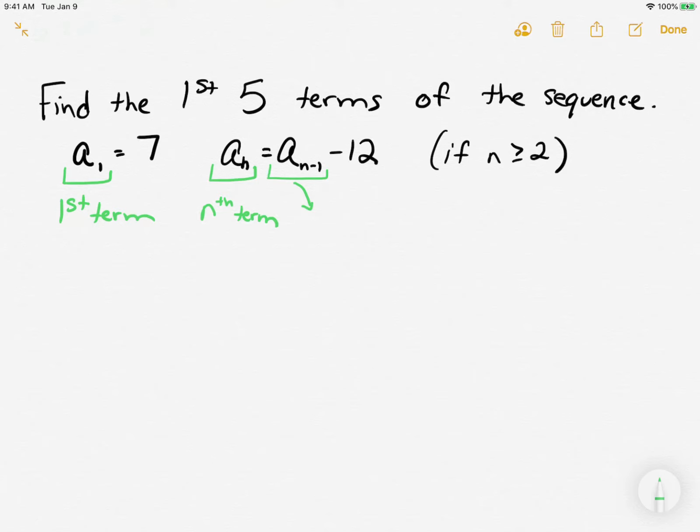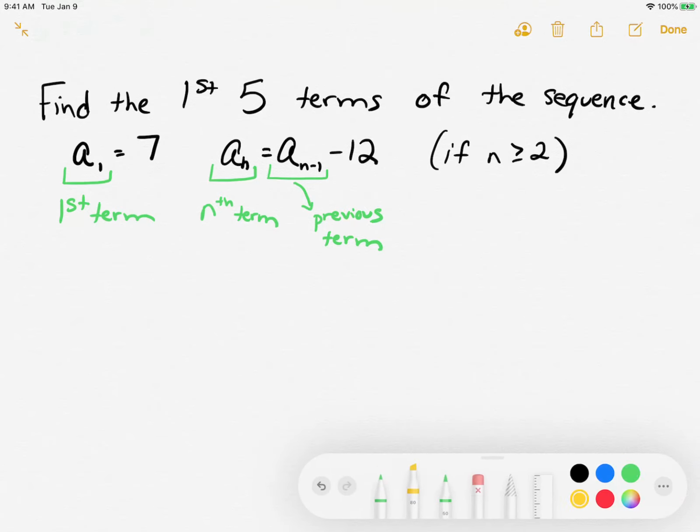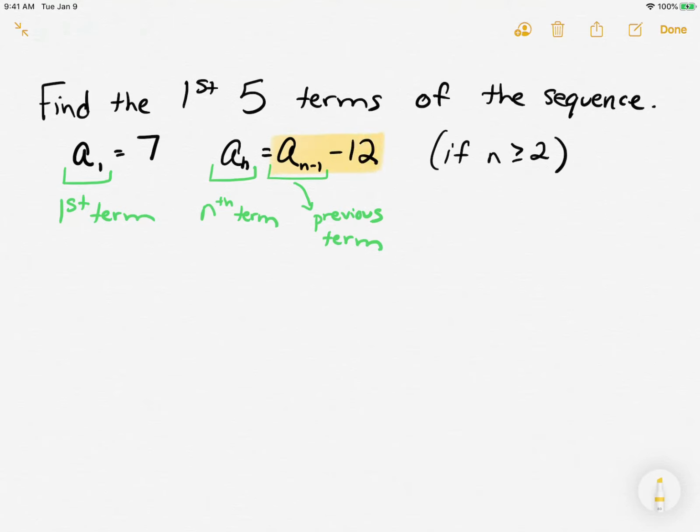So this just means the previous term. What this part is saying is, to find the next term, you do the previous term minus 12.